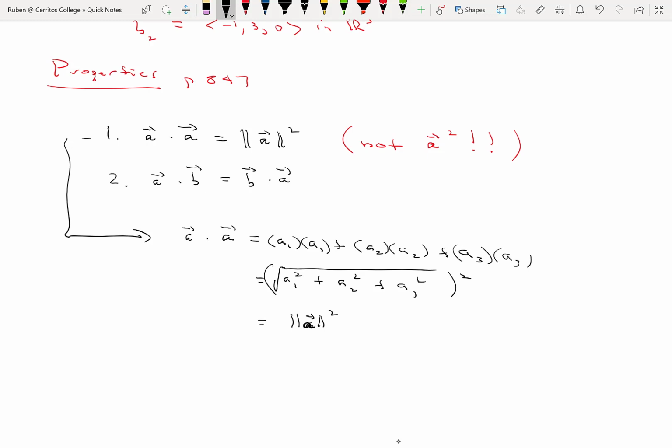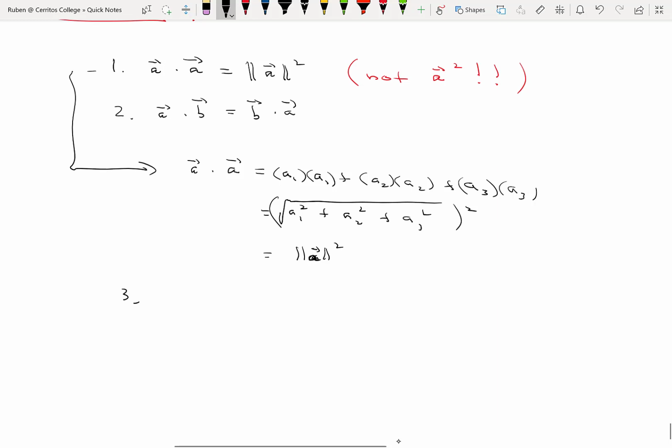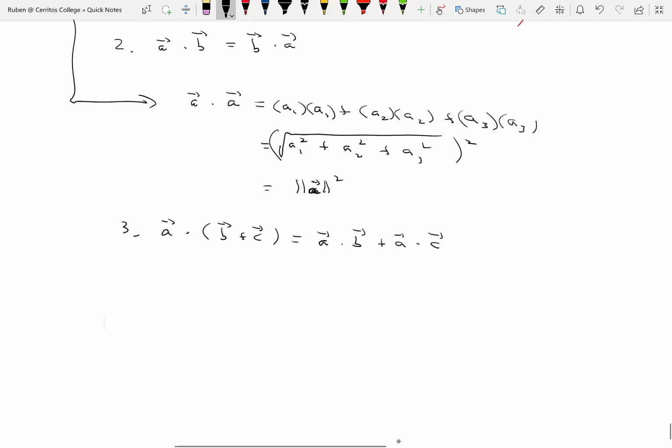The third property, we have a distributive property: A dot (B plus C) is A dot B plus A dot C. That's pretty cool.